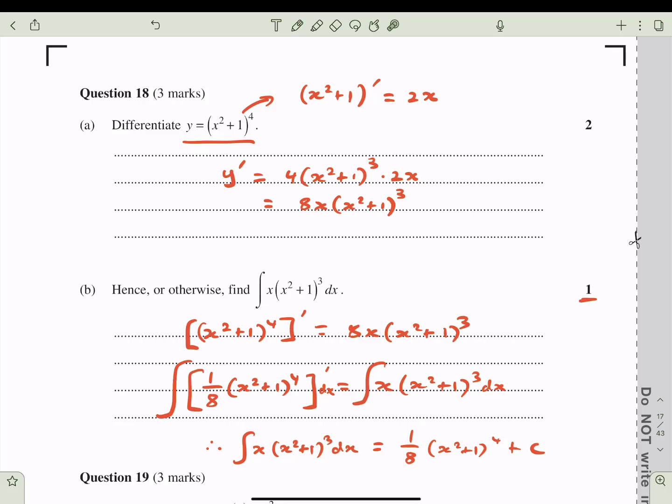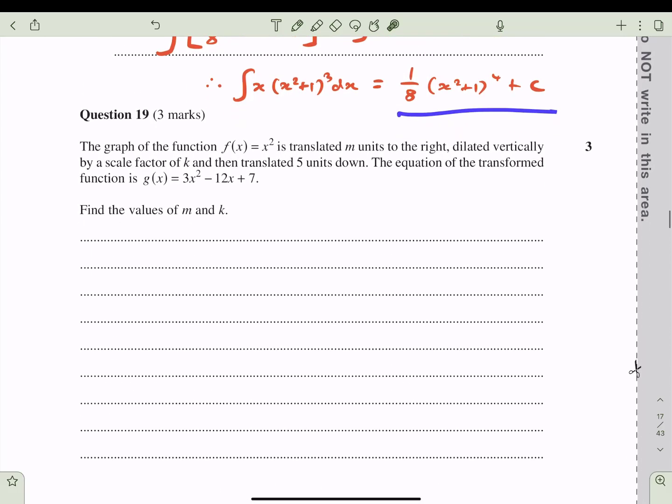Do not forget that plus c for indefinite integrals. Do we all see how this expression is what was inside my derivative in the first place? It's just that the integral and the differentiation cancel out with each other. So my final answer for question 18 is this.